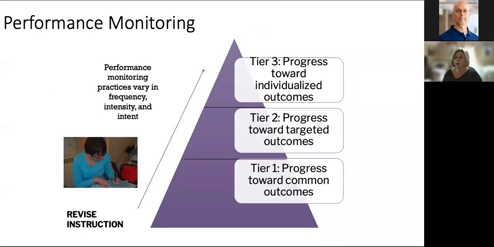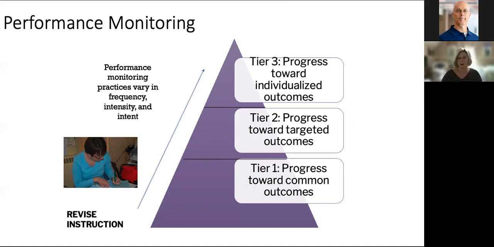When we are doing progress monitoring, we are collecting data on children to see whether or not the instruction that we are using is working. As with the other elements of the curriculum framework, we recommend that you collect data in this kind of tiered model.